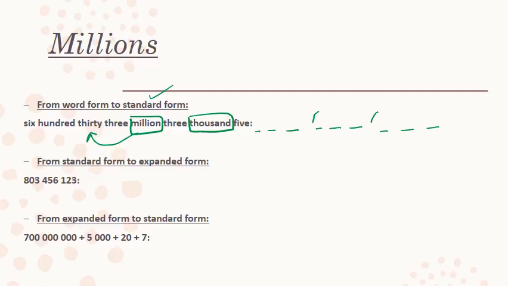Look just before the word million. What do I have? 633. So I write 633 in the million class. What do I have in the 1000 just before it? 3. It's in the ones, so I put it here, and the rest zeros. What do I have in the simple unit? 5. It's in the ones, and the rest zeros.